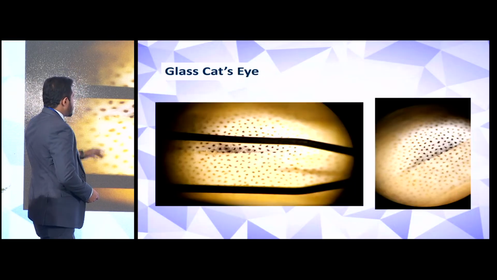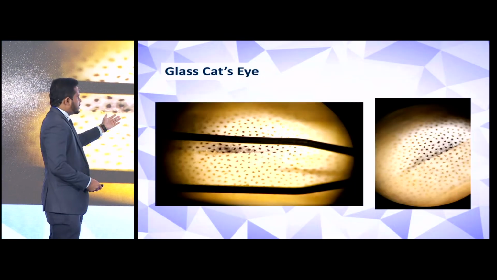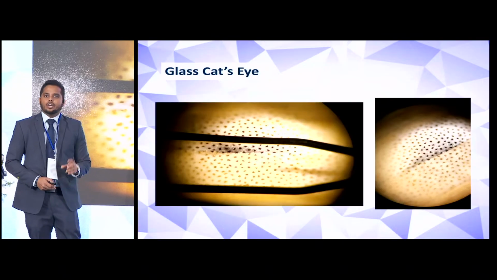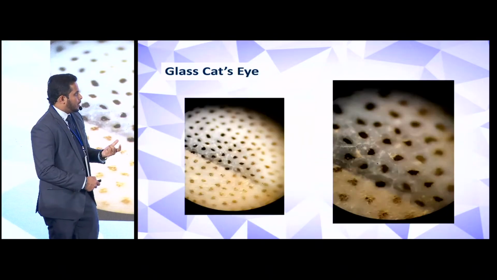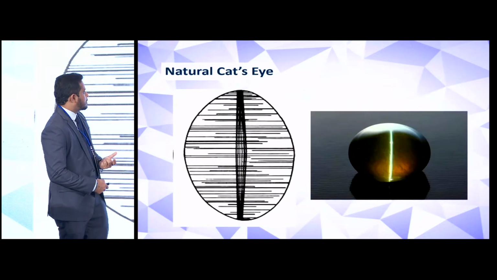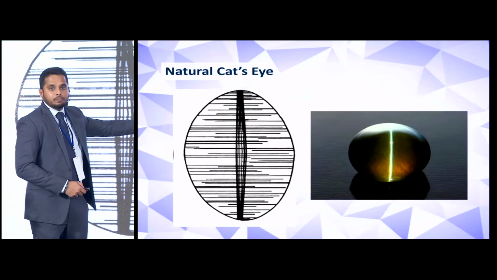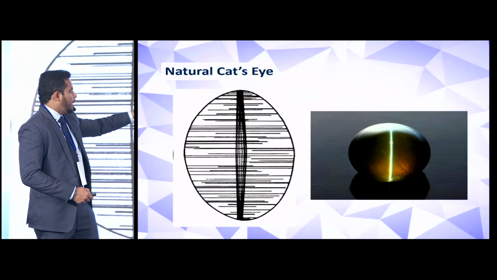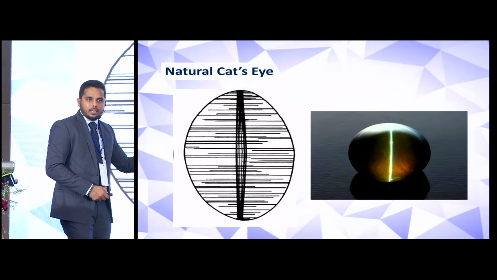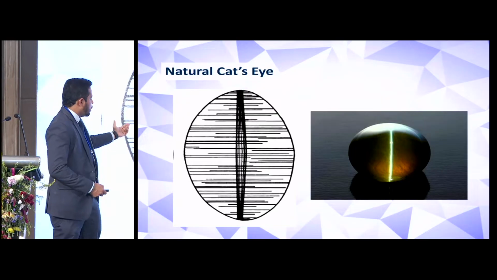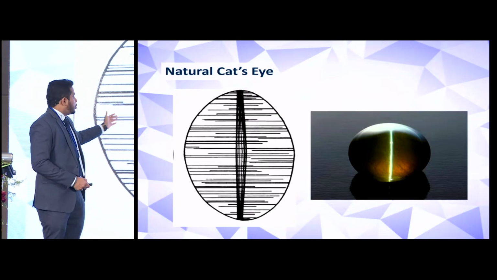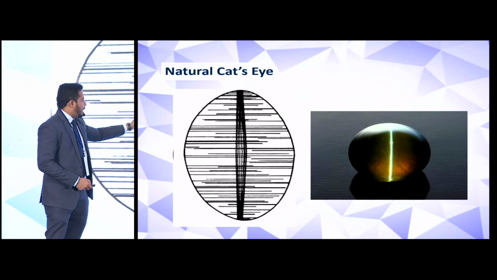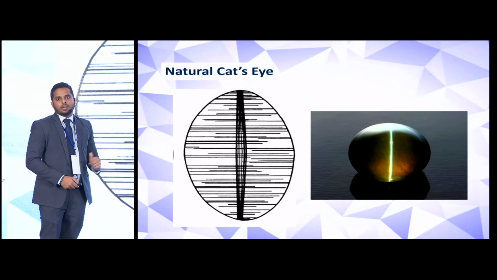We call this structure a chicken mesh structure or honeycomb structure. So this is a natural chrysoberyl cat's eye. And the story behind the cat's eye is, in a natural gemstone, you have a set of needles. These needles are at right angles to your cat's eye streak.